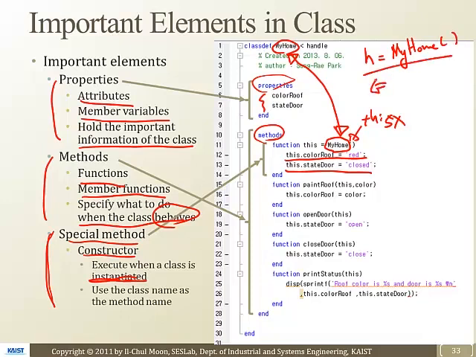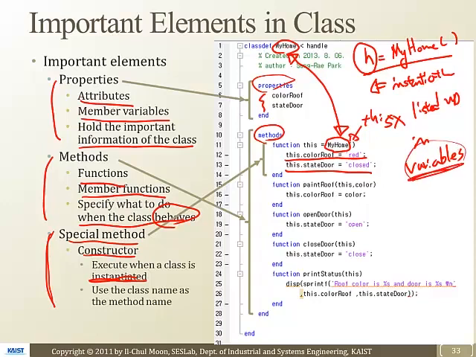This is the instantiation of my home, and this H is going to be listed in the variable section in the Matlab main window, right? So this is the instantiated result. This is the class for the instantiation, right?